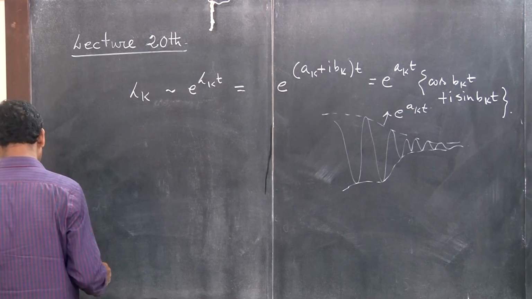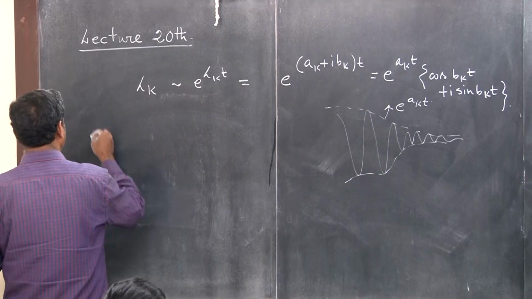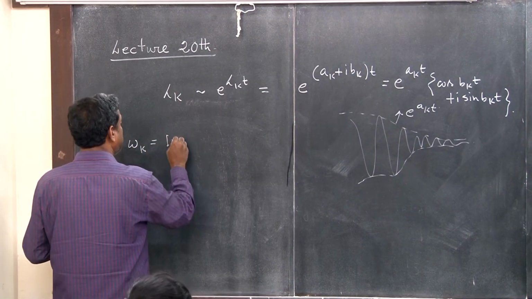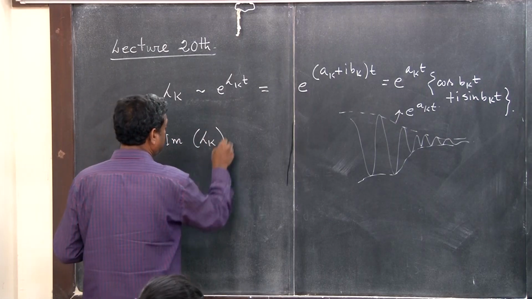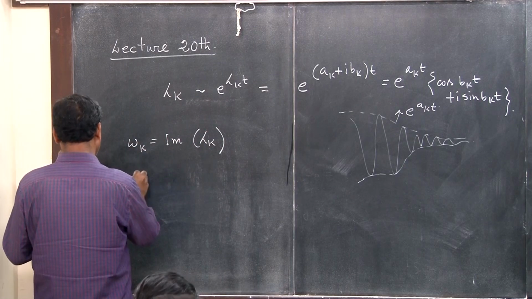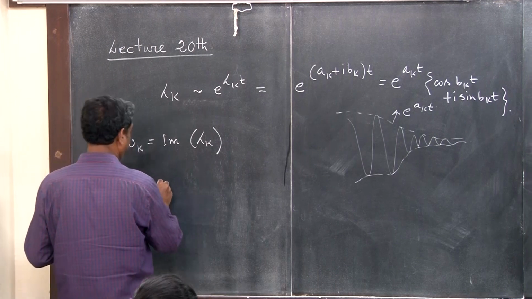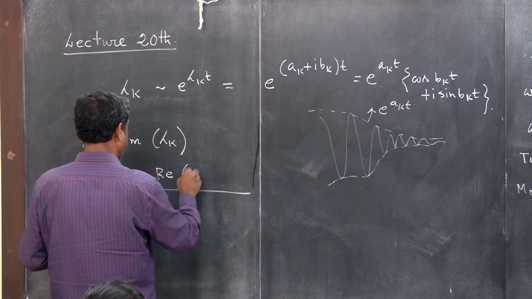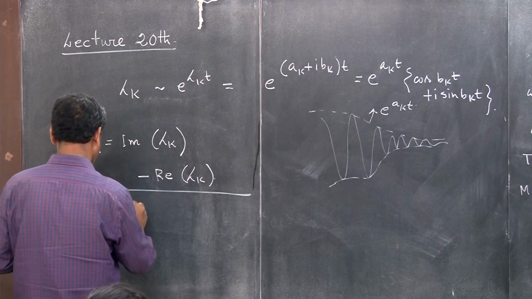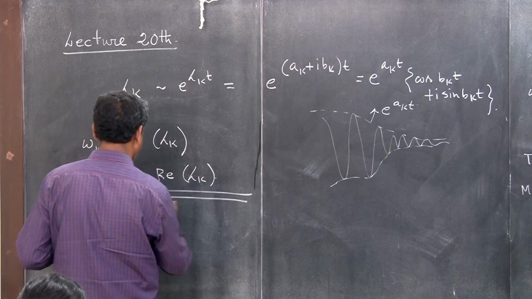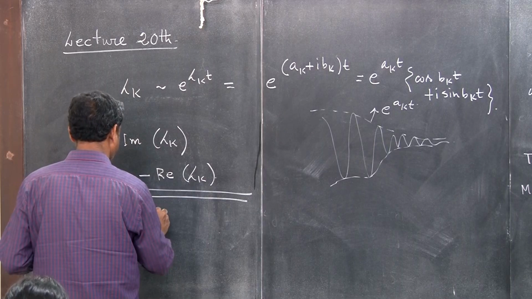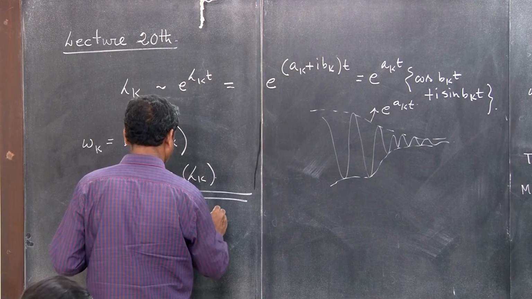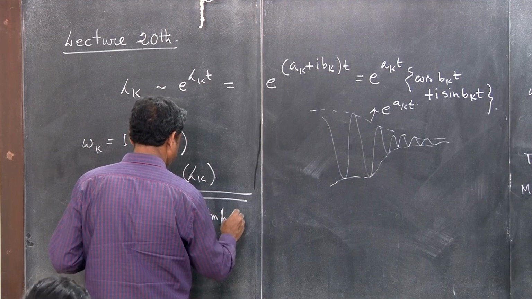So how to find that out? The way we write it, omega k is basically the imaginary part of lambda k, and xi k, the damping, is minus the real part of lambda k over the root of real part of lambda k squared plus imaginary part of lambda k squared.